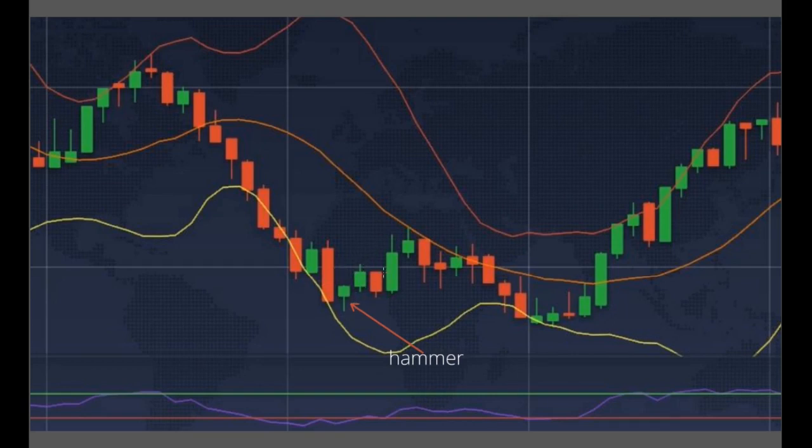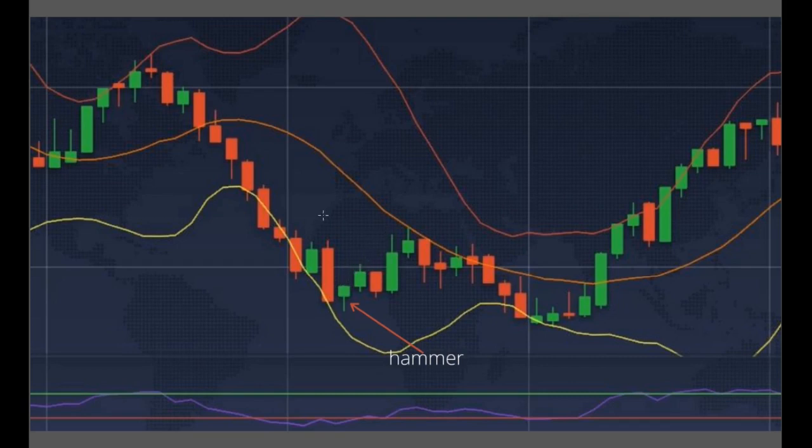Whenever you see the hammer after or during a downtrend, it's an indication that the market control is shifting from the bears to the bulls.